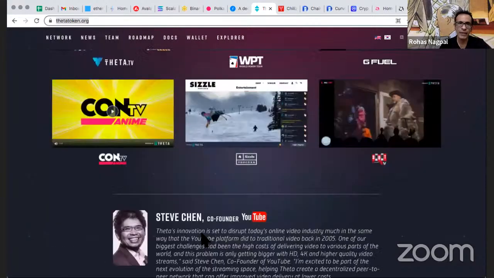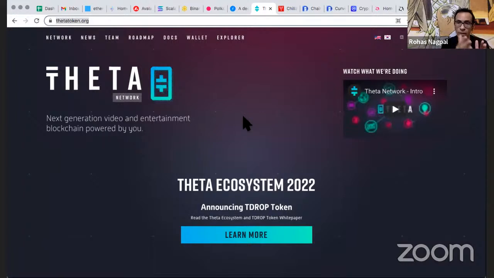Theta has 2 different cryptos, one called T-Fuel and one called Theta, and both of them have their own use cases. So some blockchains do have 2 native cryptos, both doing different things. Is that clear?